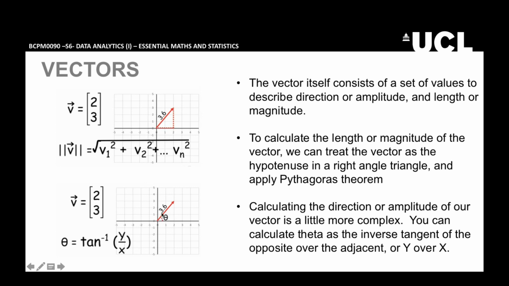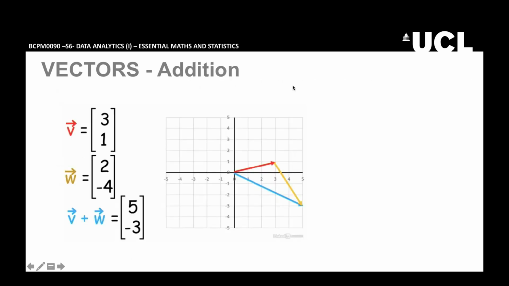You can calculate this value, represented here as theta, as the inverse tangent of the opposite over the adjacent, or y over x. We can do several operations with vectors, and they are quite straightforward.